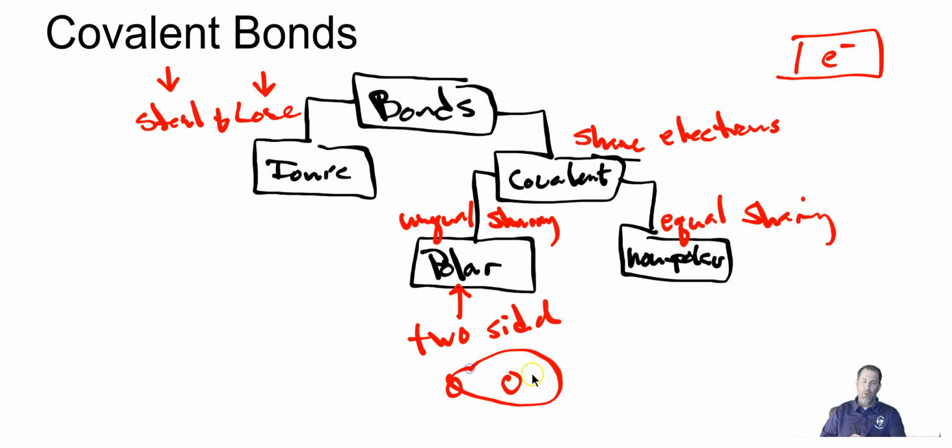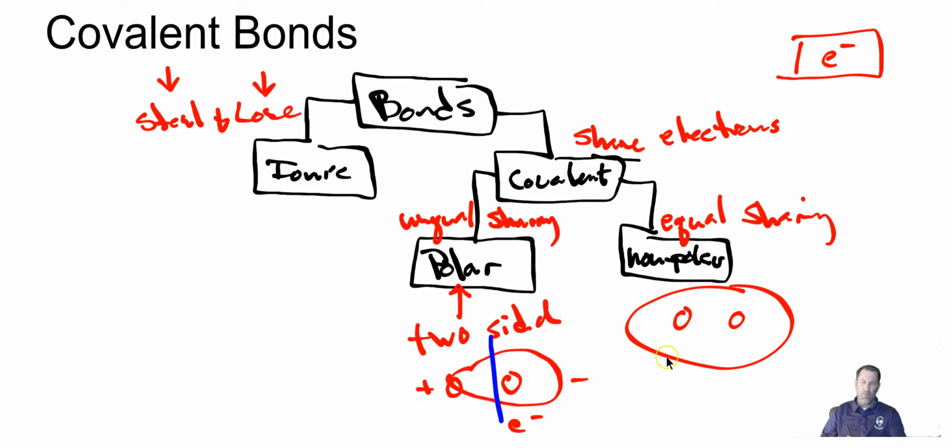It resides mostly around one, and that makes this side slightly more negative than this side. So we call it polar because it has a two-sided molecule, a positive side and a negative side. When you have a nonpolar, you basically have two atoms and the electrons are shared equally around them, so there's not a positive or negative side. So we would say it's not two-sided. Okay, that's all that in a nutshell.